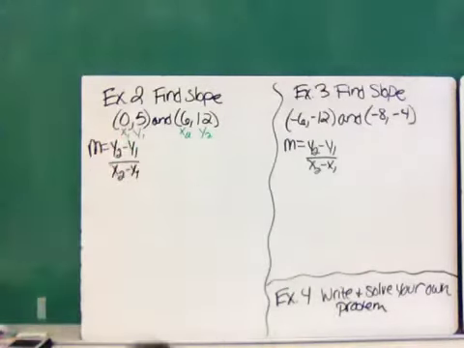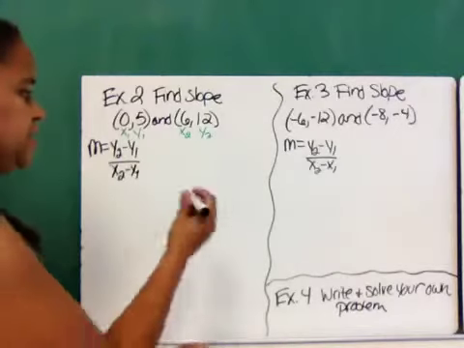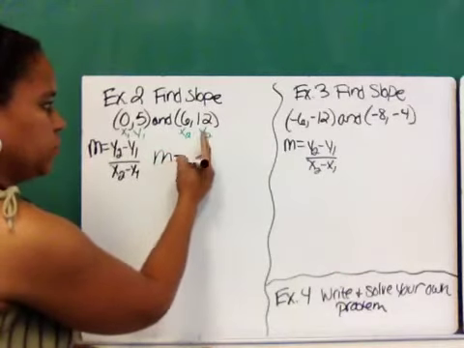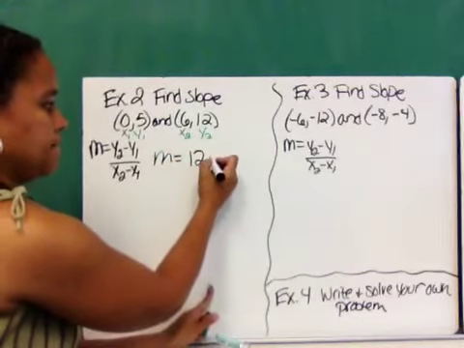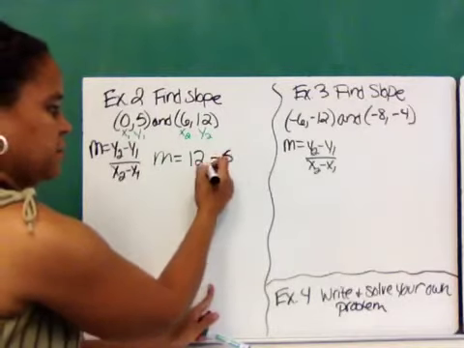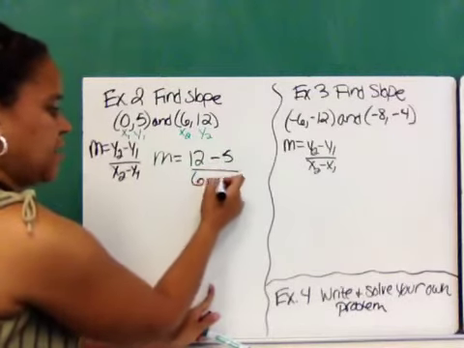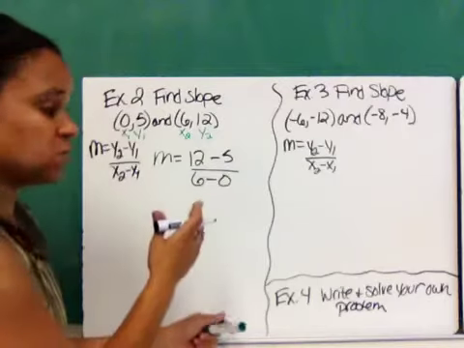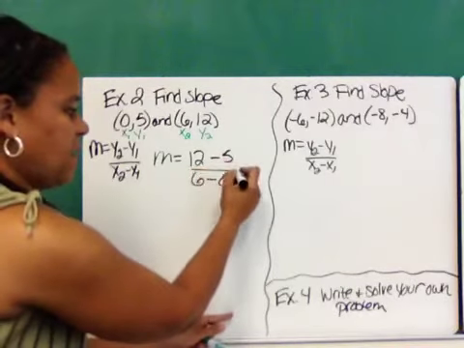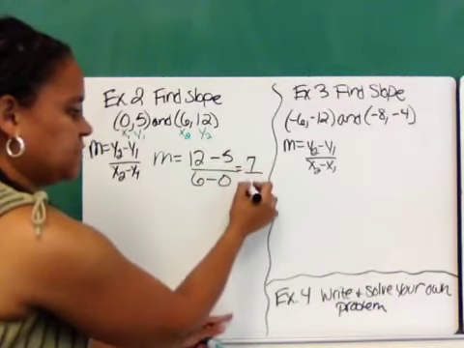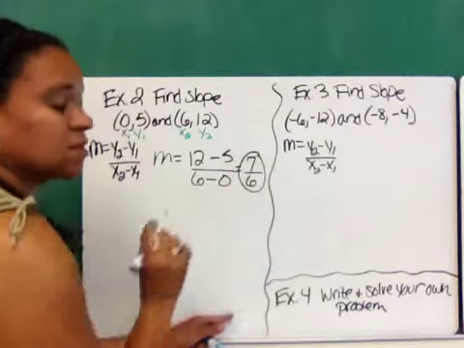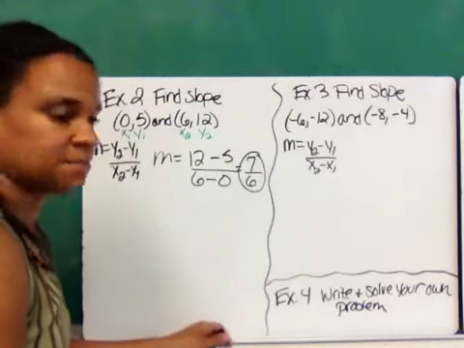So you see, y2 is simply 12, so m is equal to 12 minus 5 over 6 minus 0. So y2 minus y1, 12 minus 5 is going to be equal to 7. 6 minus 0, of course, is just 6. So the slope of this line is 7/6.